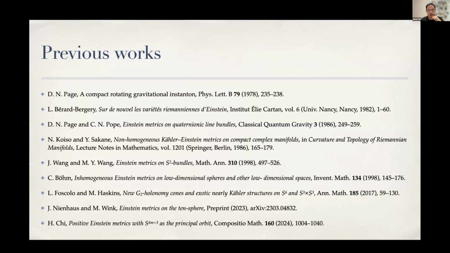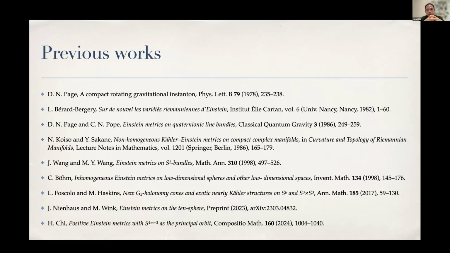There are many works that have been done on cohomogeneity 1 Einstein metrics. In fact, the first examples of inhomogeneous compact Einstein metrics are of cohomogeneity 1.